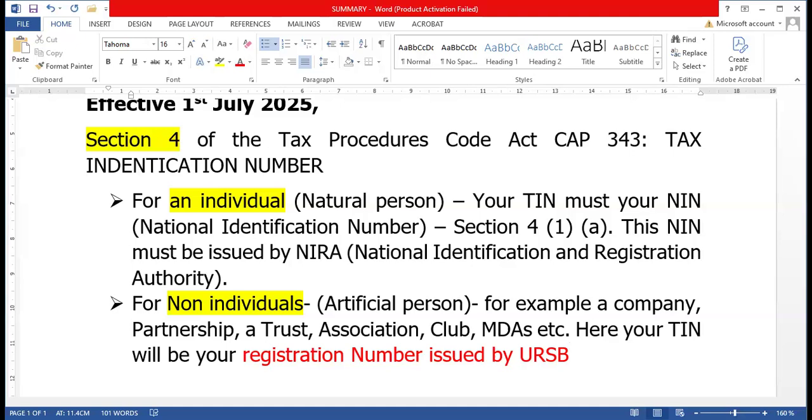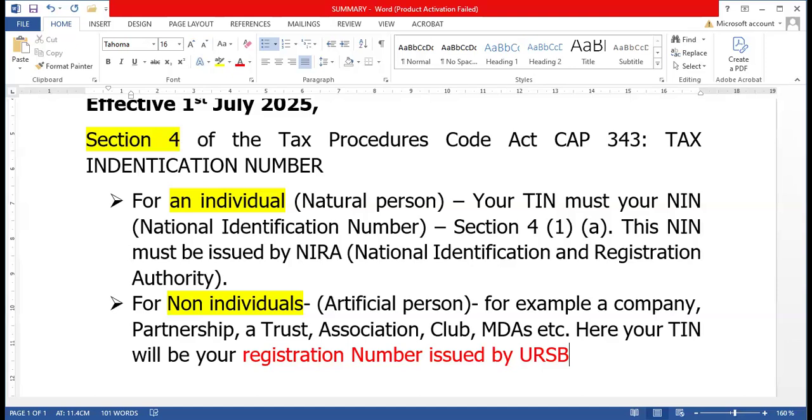As long as you register with URSB, you will have a registration number on the certificate, and that registration number will be your TIN.